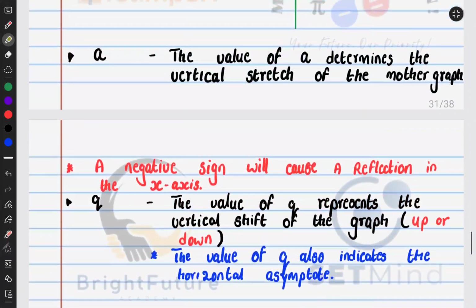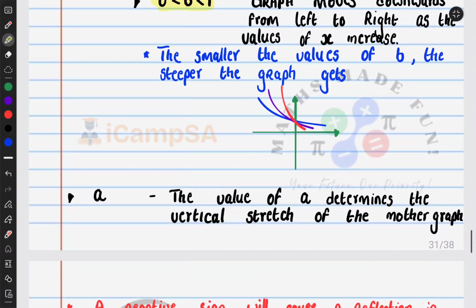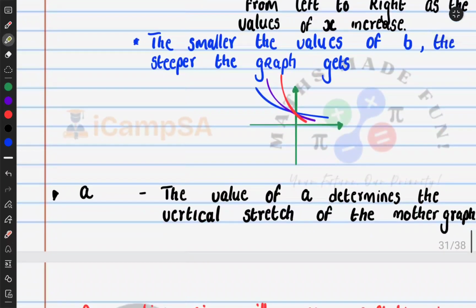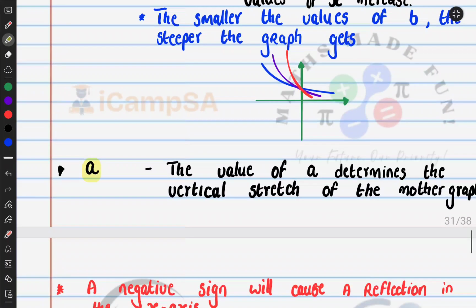the variable a. The value of a determines the vertical stretch of the graph. We like to believe that if you have watched the other videos we have posted, you are already familiar with a. When we're talking about the vertical stretch of the graph, we're talking about how far the graph is located from the x-axis, not referring to the asymptote, by the way, but just how far the graph is actually stretched away from the x-axis.